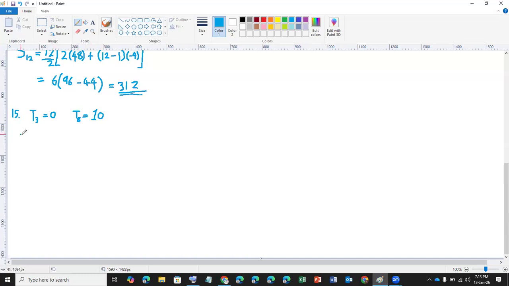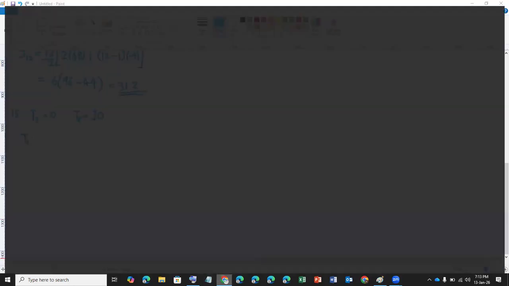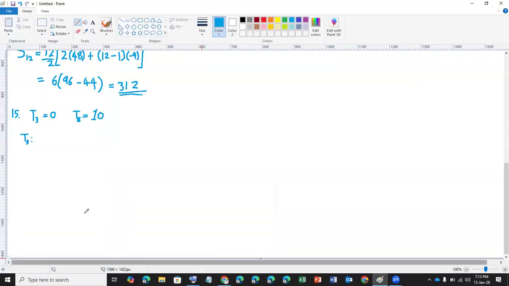First things first. For T3, I write it like this so that we know it's T3 that we're doing. For arithmetic, at least the question has told us it's an arithmetic series, so it's going to be A plus 2D, plus 2D, thank you, and all that is equal to 0, isn't it?